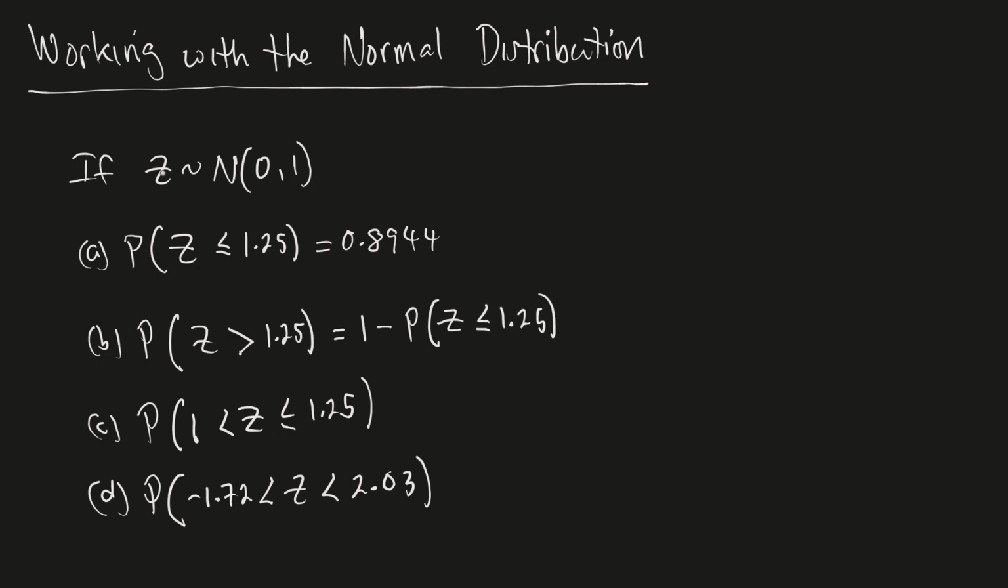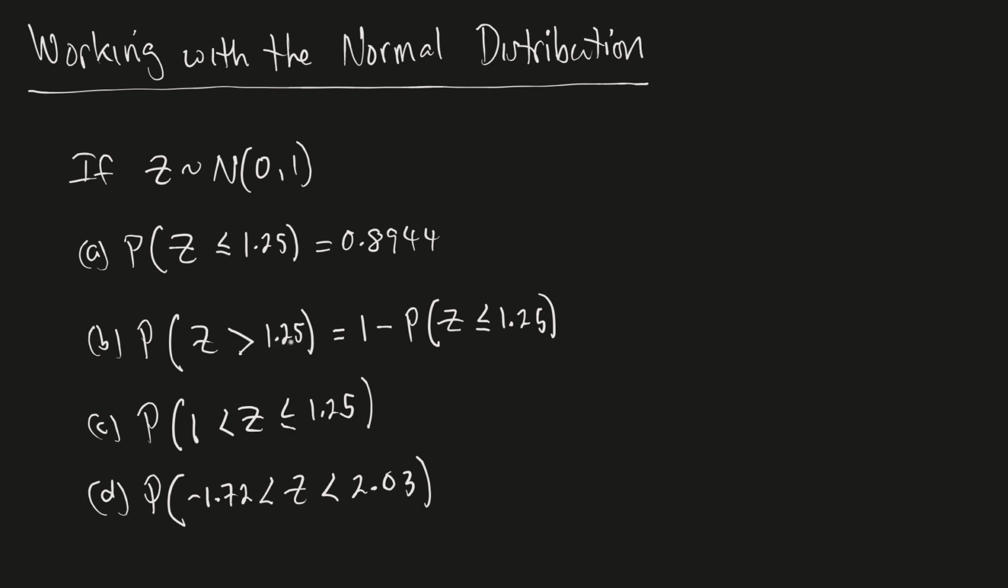Keep in mind, because we're working with continuous random variables, we can be a little loose with the strict definition of the complement. It doesn't matter if we include the endpoint or not. Whether there's an equal sign or not, the statement will be true.